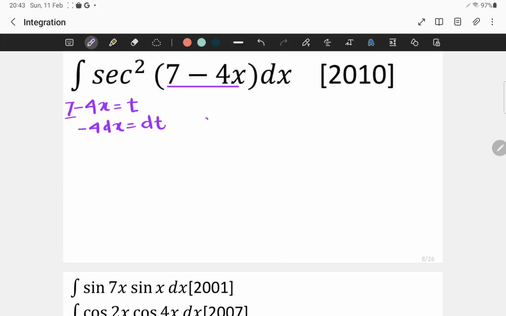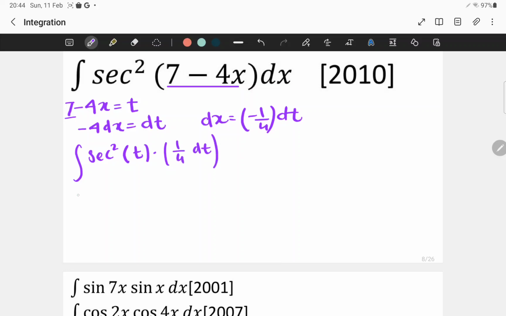So now I can replace dx by this. So this equation becomes, dx is, so now minus 1 by 4 is a constant. I will take it out.